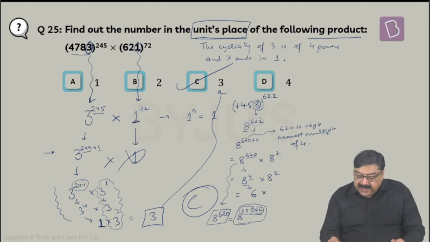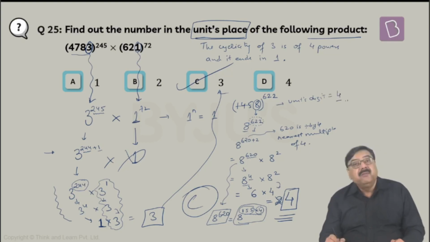And if we take 8 square, that is 64. So we should get 4 here. So 6 into 4 is again 24. 2 we are not interested in. 4 is definitely what we need. So hence 1458 raised to 622, in the units place we will find the digit 4.